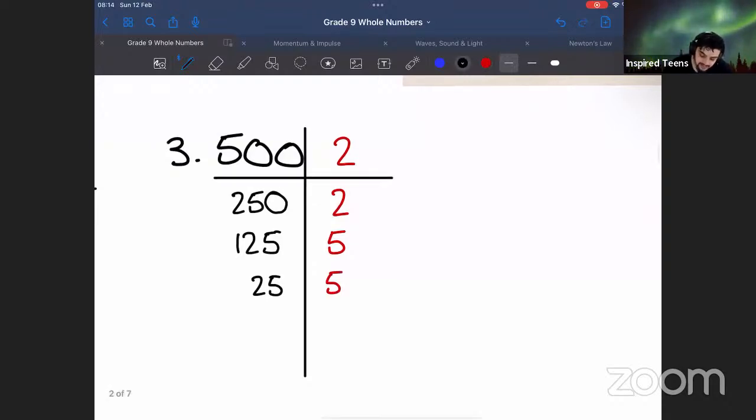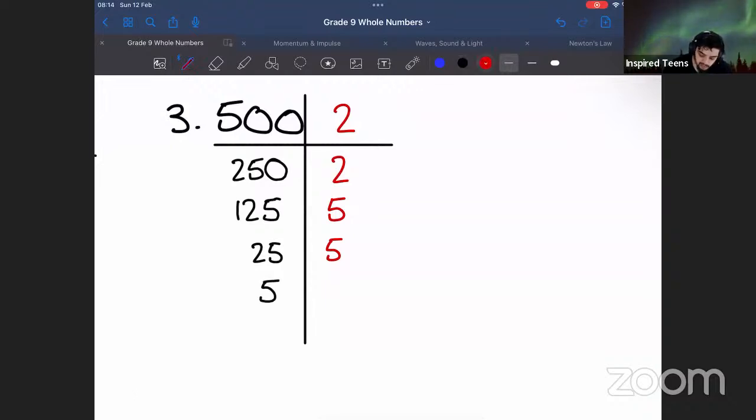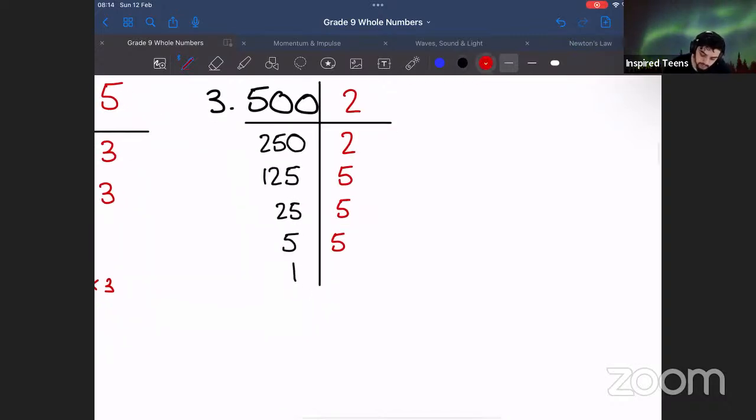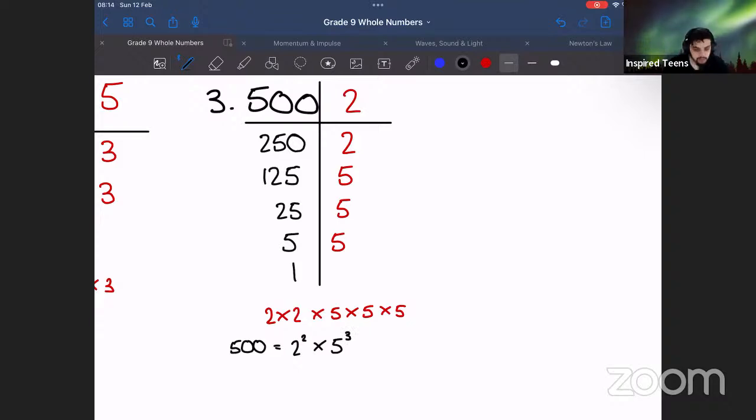When I divide 25 by 5, I'm left with 5. And the prime number that can go into 5 is 5 itself, and I'm left with 1. And we are done. So I'm going to write this as 2 times 2 times 3 5s, and therefore 500 is equal to 2 squared times 5 cubed.